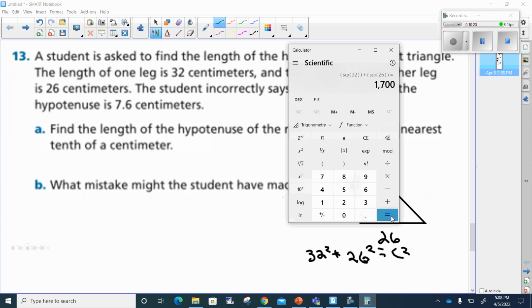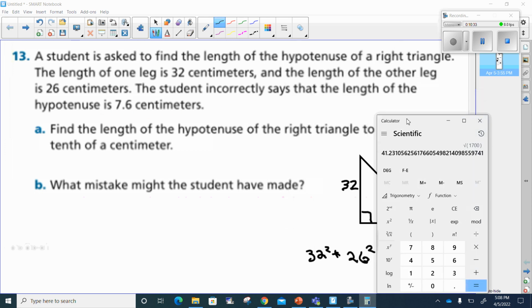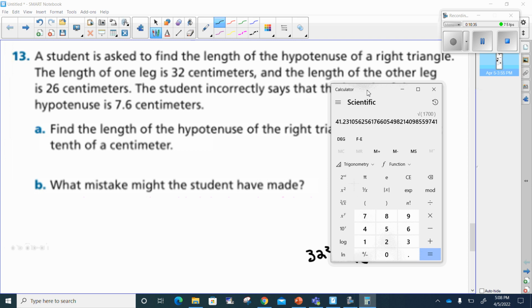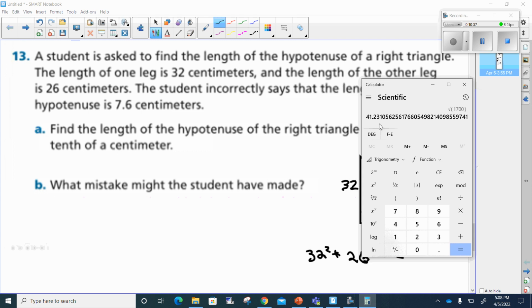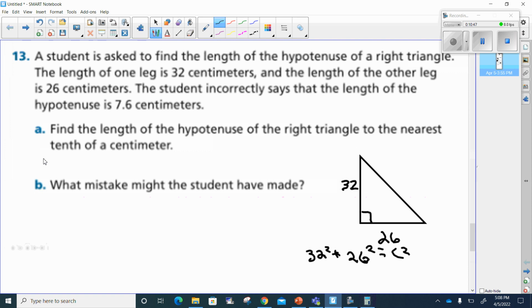And then we're going to find the square root of that. And that turns out to be, remember they said to the nearest centimeter, right? So if I was doing this to the nearest centimeter, I'm going to say 41 centimeters. It doesn't say to go to the nearest tenth or anything. So 41 centimeters would be my answer.